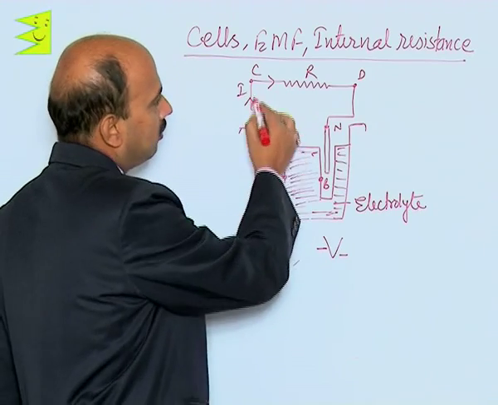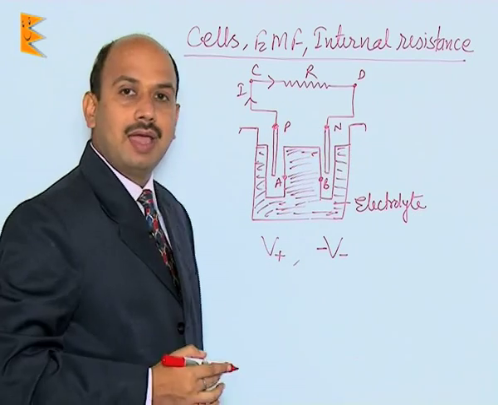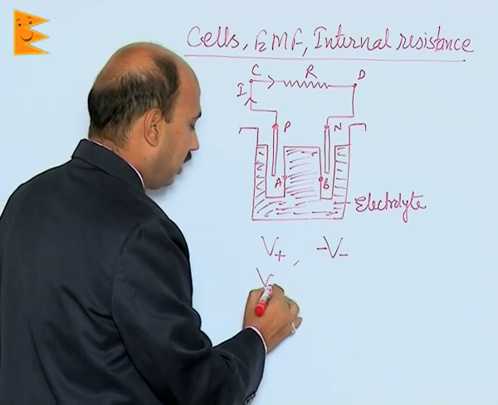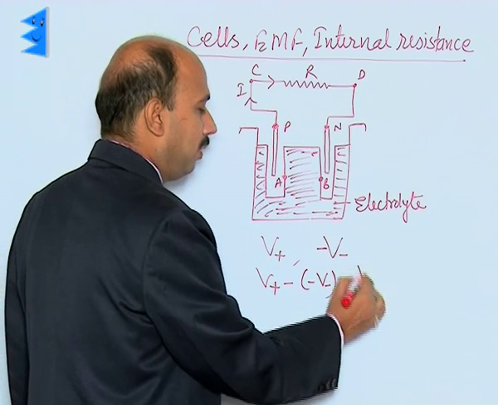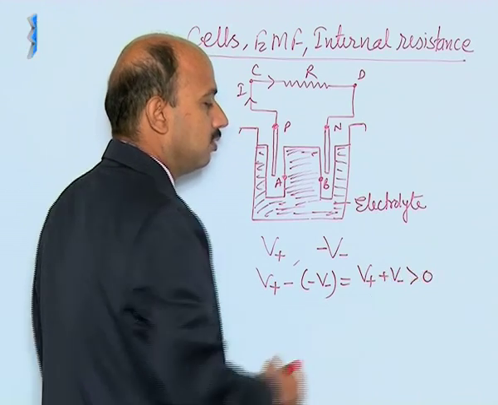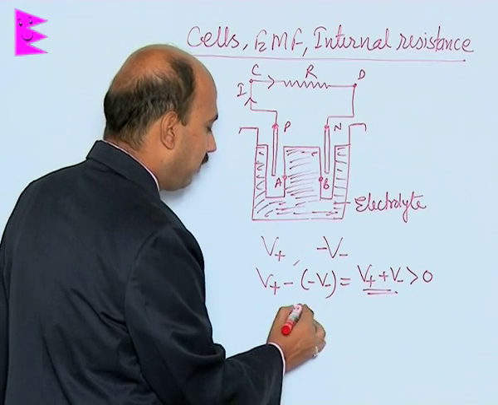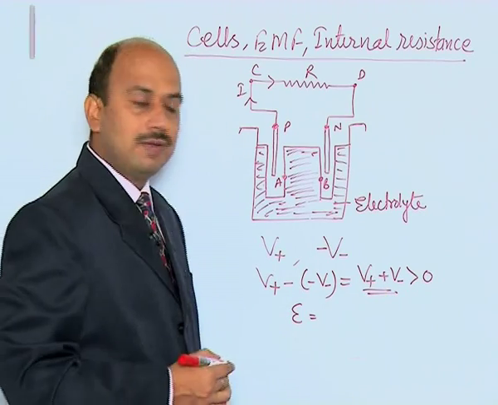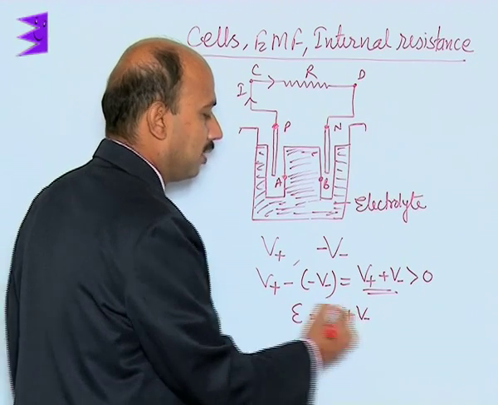When no current is flowing through this circuit, the potential difference between P and N we can write as V plus minus minus V minus, that will be V plus plus V minus, which is greater than 0. And this is known as the EMF of the cell, that is V plus plus V minus.